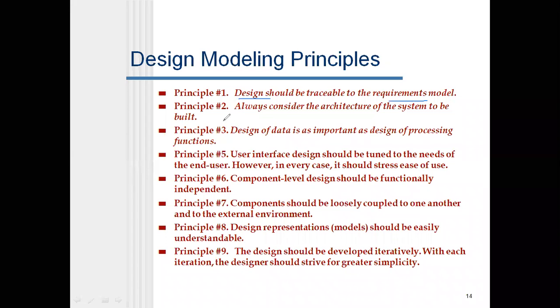And coming to the second point, always consider the architecture of the system to be built. So first of all, we should take some outline architecture of the overall system. You should consider this overall architecture.